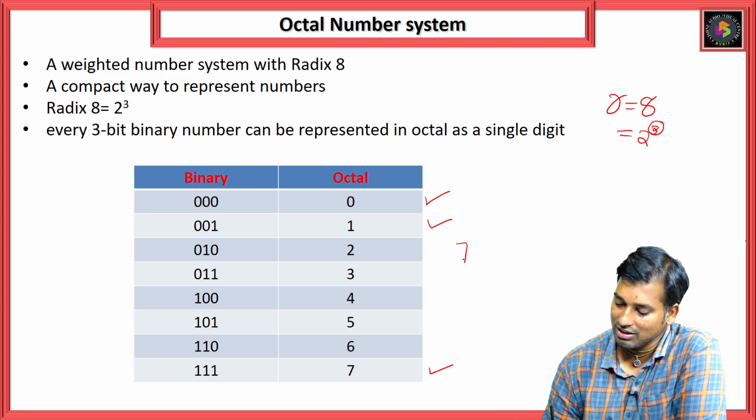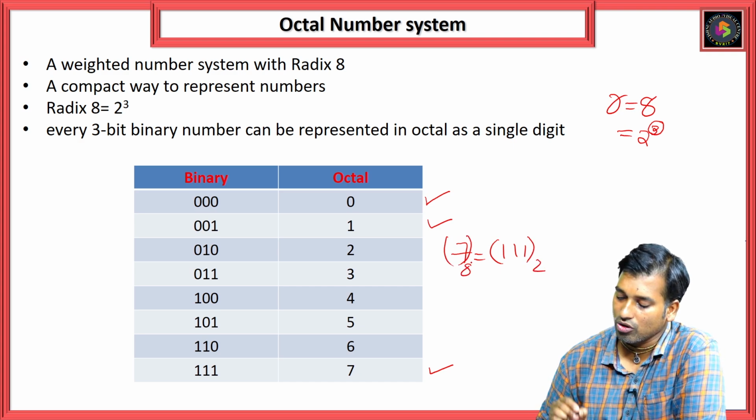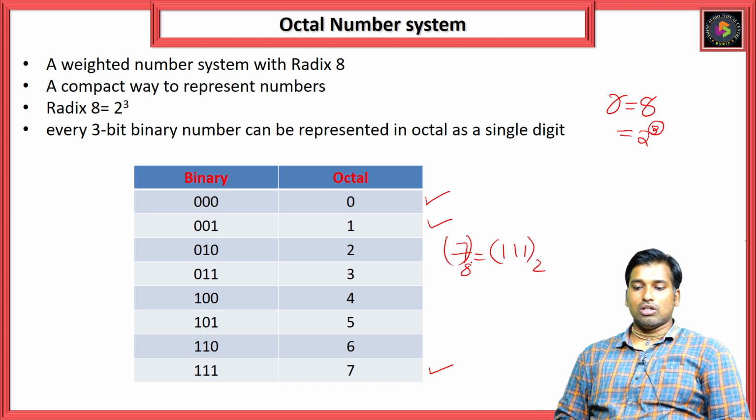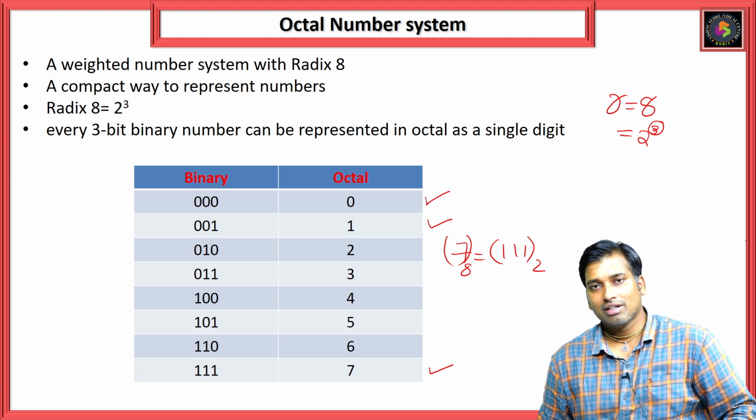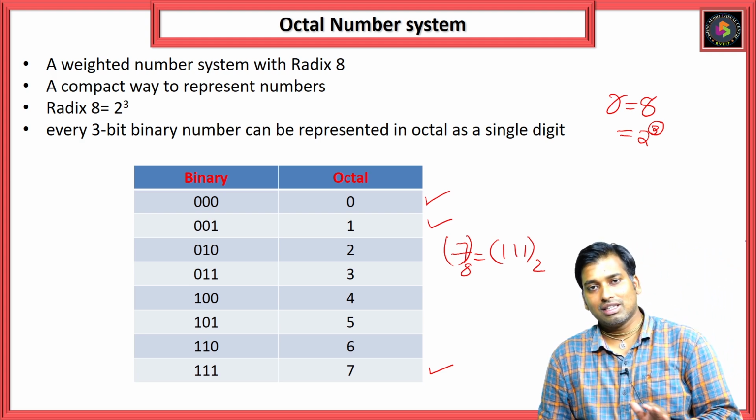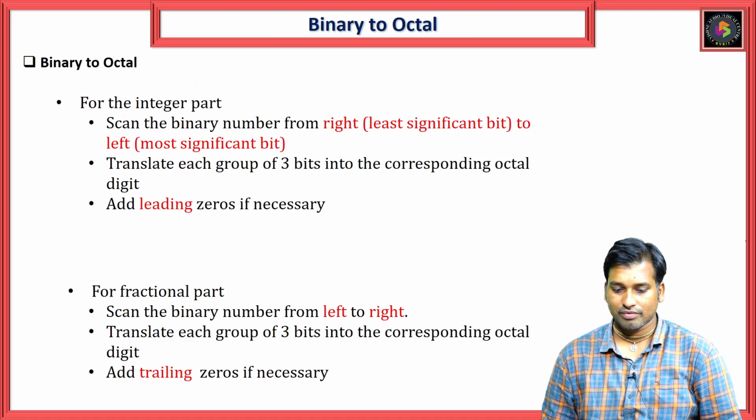That means 7 of octal is equal to 111 of base 2. So this is how any octal number can be represented with a 3-bit binary number.